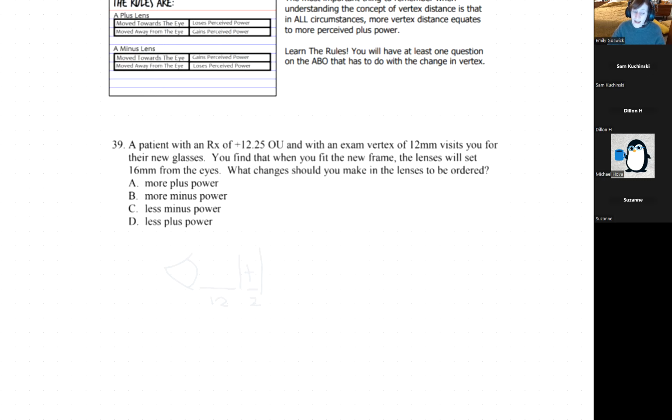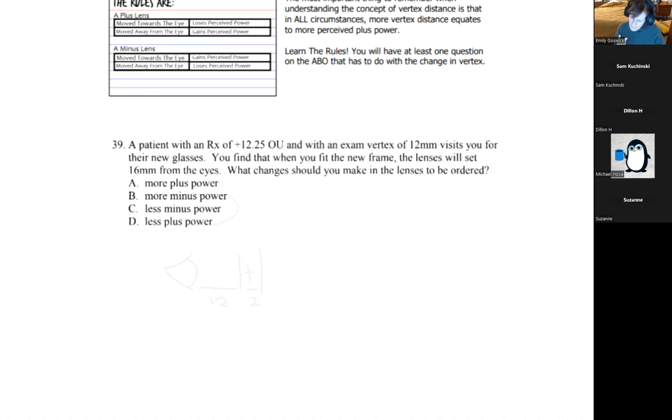So the answers are: does it gain more plus power, more minus power, less minus power, or less plus power? If you look at that for a second, you realize that some of these are the same thing, because more minus power is the same as less plus power, and more plus power is the same as less minus power.